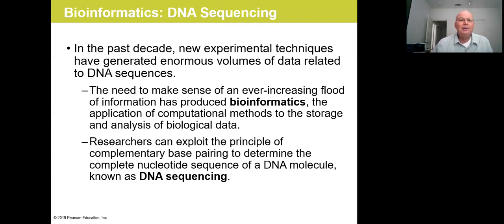Because it turns out that genes and proteins exist as families. And there are genetic signatures and amino acid signatures that identify which families of genes and which families of proteins a particular gene sequence or protein sequence might belong to.